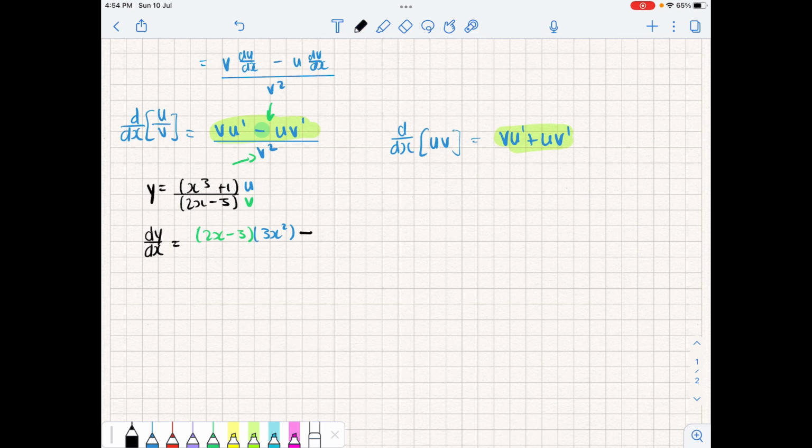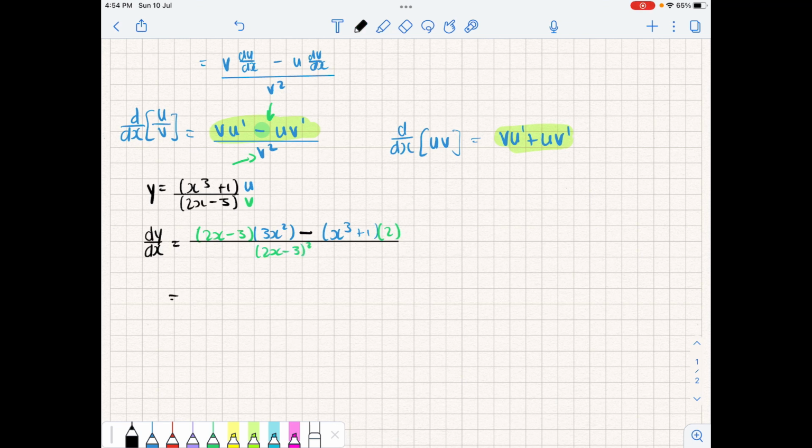This is the quotient rule, so we subtract, and then we take u, which is x cubed plus 1, and multiply that by the derivative of v. So the inside function v is just 2x minus 3, and its derivative is just 2. And we're going to divide all of this by v squared. So that's just the bottom term squared, so 2x minus 3 all squared.